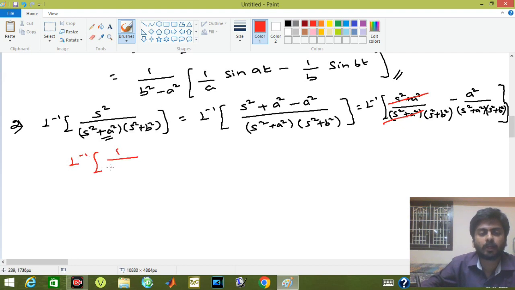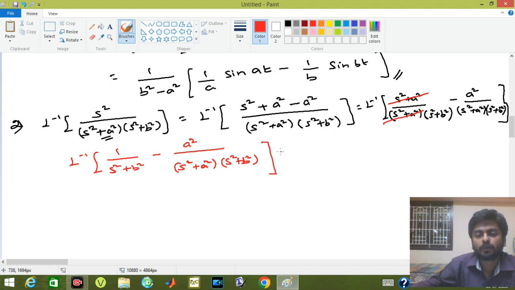1 divided by s square plus b square minus a square divided by (s square plus a square) into (s square plus b square).